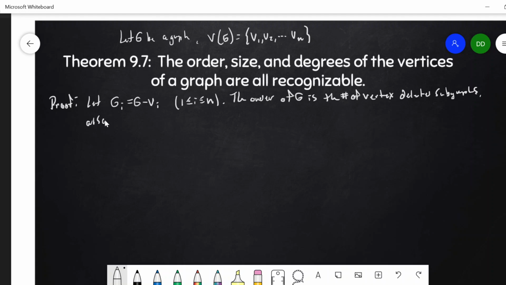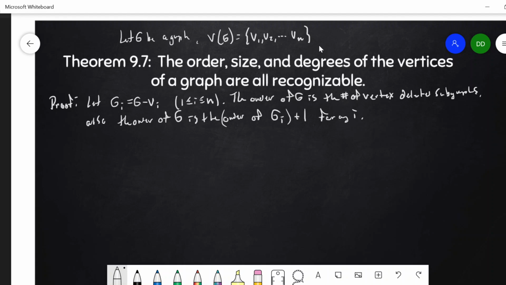We could also recognize this by looking at the order of any G sub i. Also, the order of G is the order of G sub i plus 1 for any i, because it's a vertex deleted subgraph.